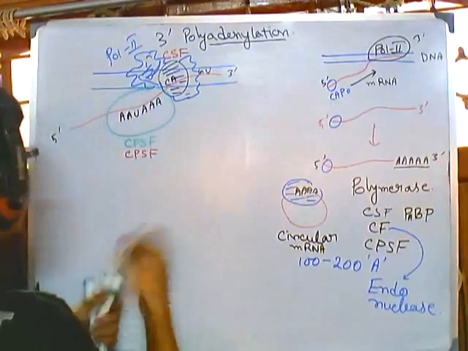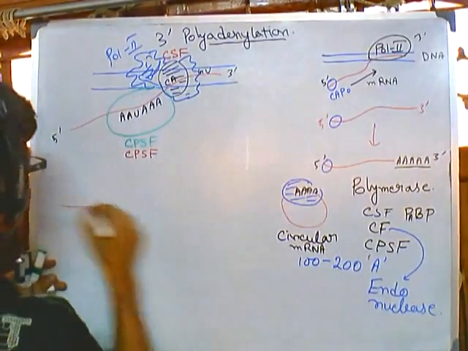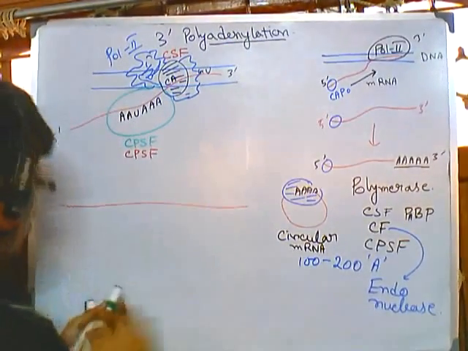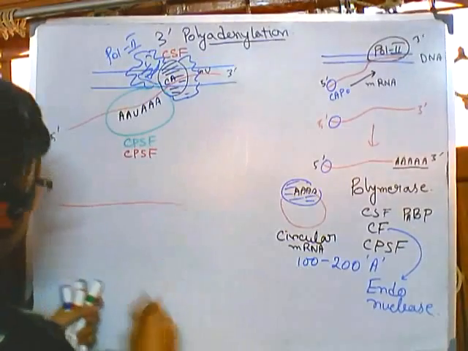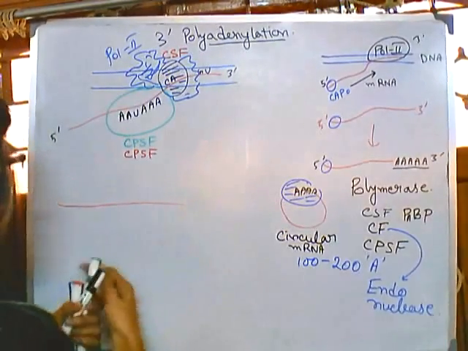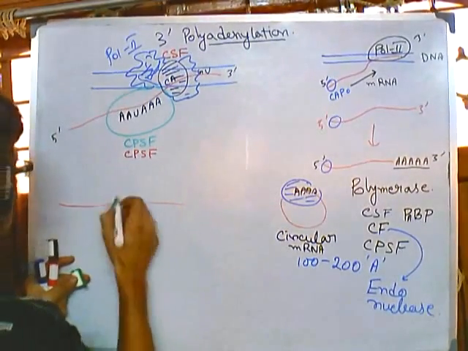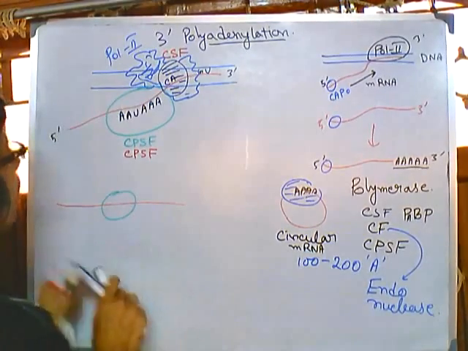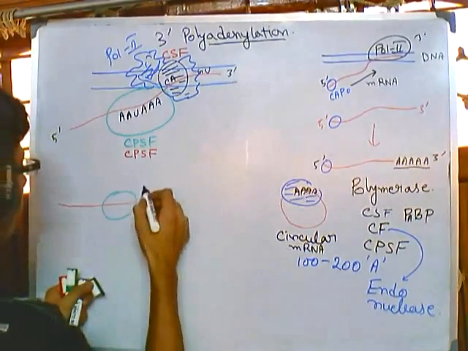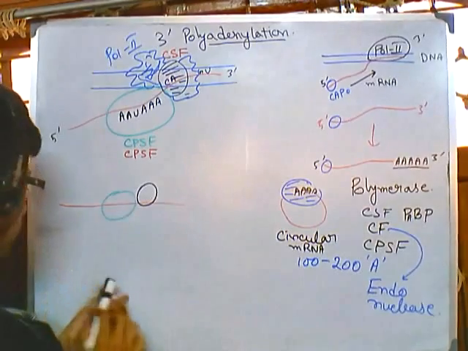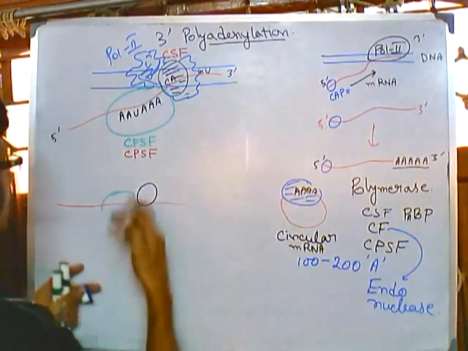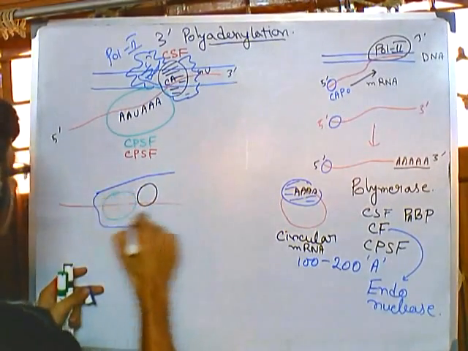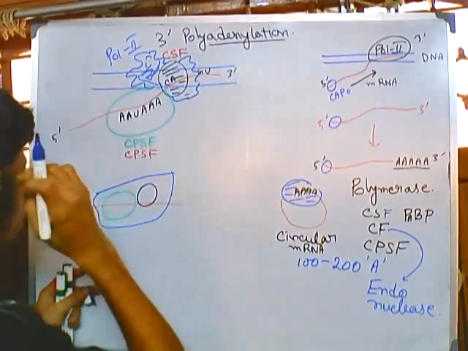So then what we get is the mRNA, and say here we are having CPSF, then we are having CSF, then at the back of all this we are having the large polymerase.